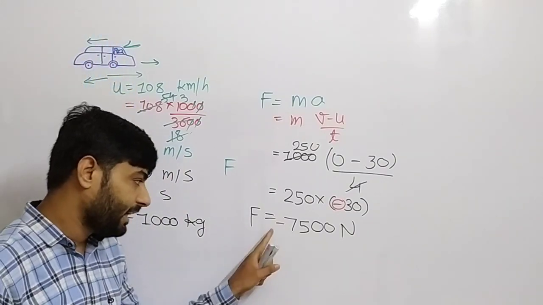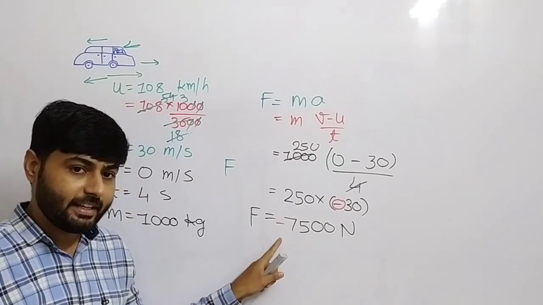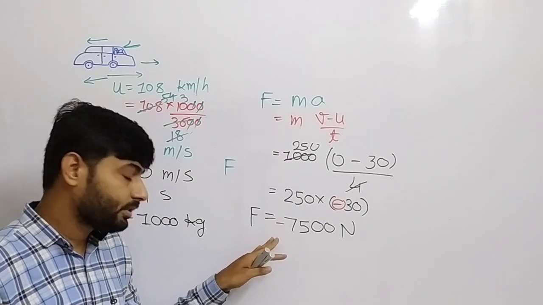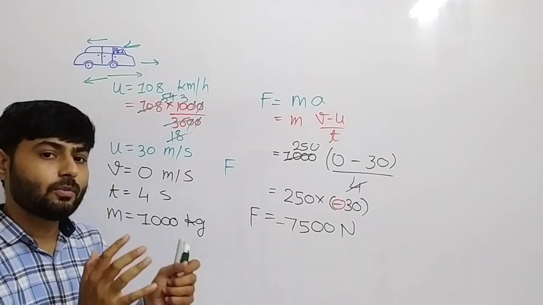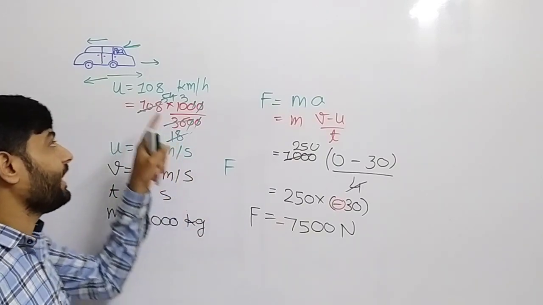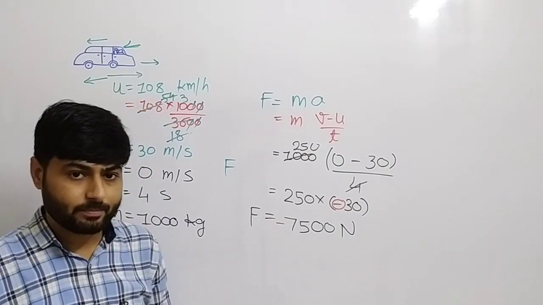So this minus sign indicates that this force is trying to reduce the speed of any object, or in this case the car.